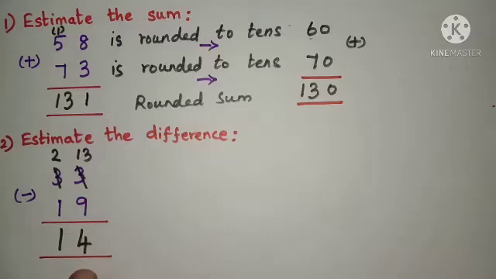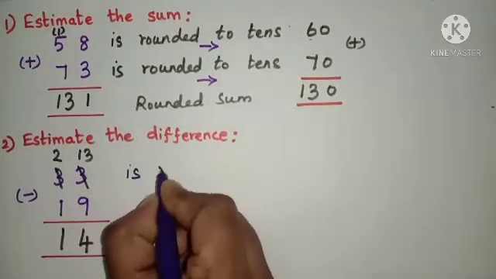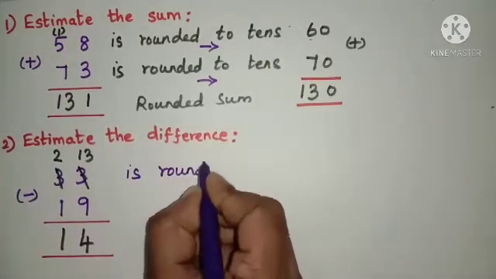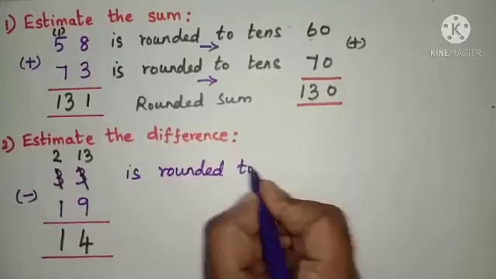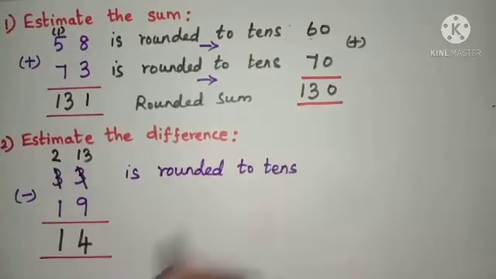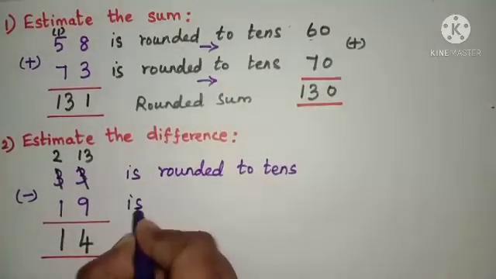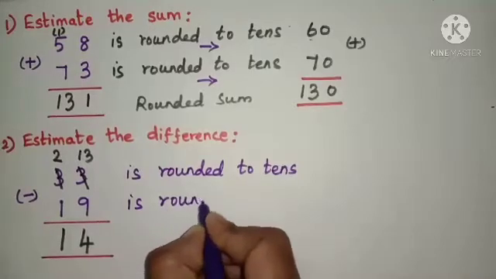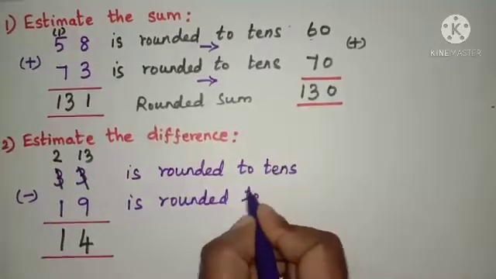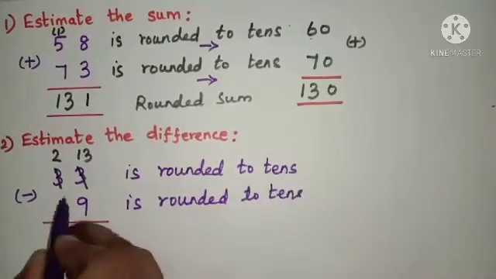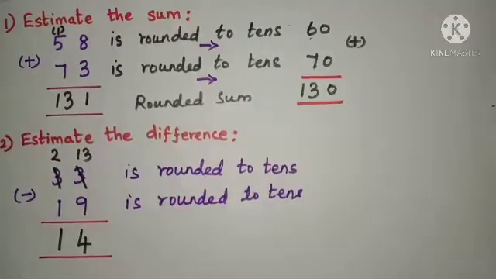Now we are going to find the estimated value. This is the actual value. Now 33 is rounded to tens, and also 19 is rounded to tens, because here two digits are present.